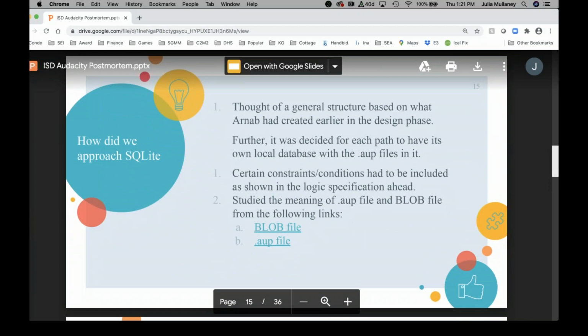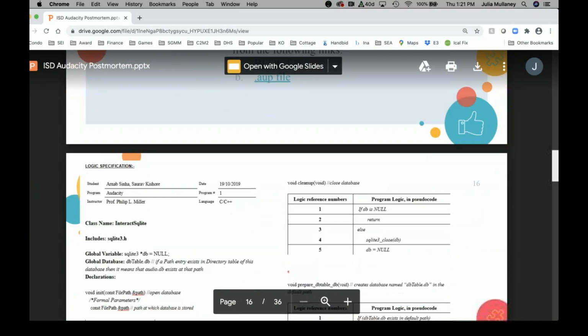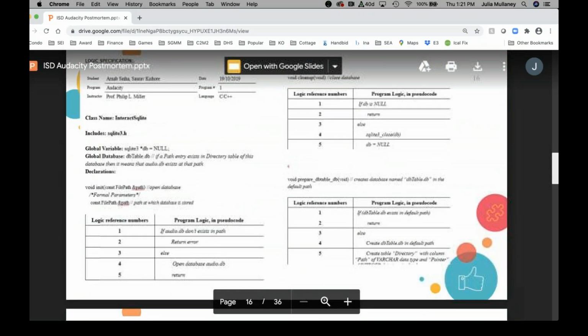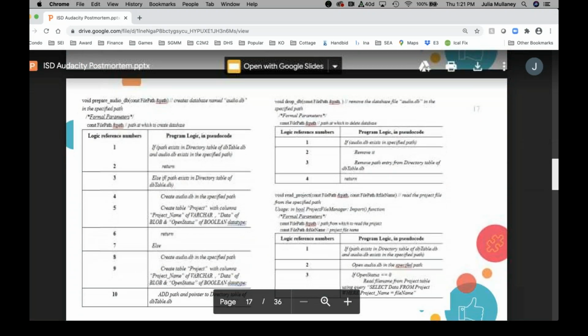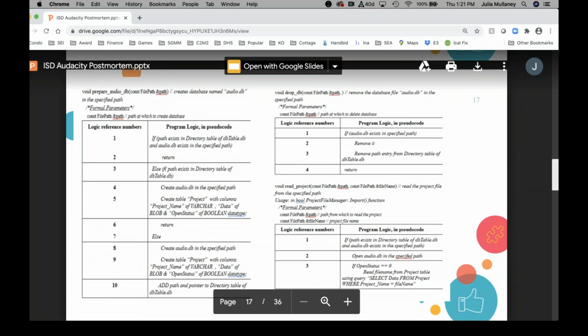Yeah, let's skim through it. It was basically just how we need to approach it, and I have already covered that. Yeah, so this was the logic specifications, and we also had, to the next slide, please.